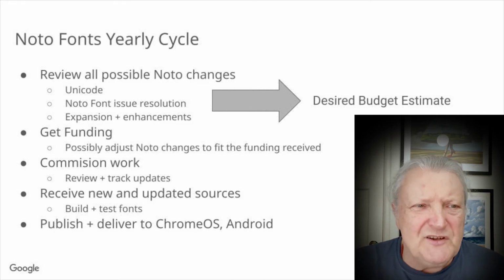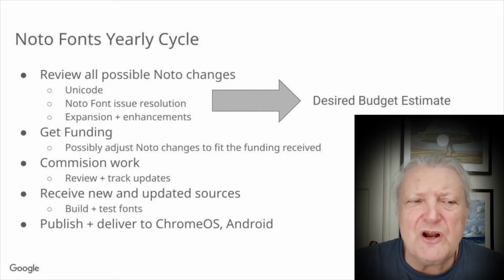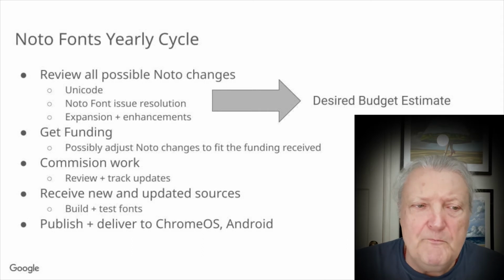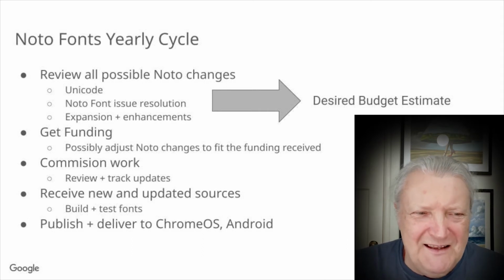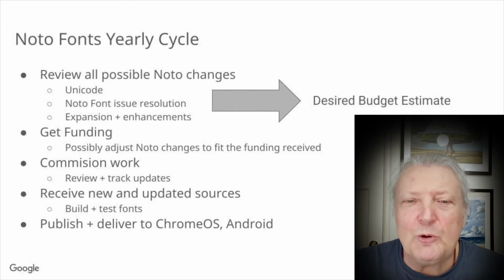We present this as a funding proposal, which is reviewed and finalized. We usually adjust our priorities to match the funding, and then we start the work. This is our general development scheme. Now, back to my colleague, Craig, for a more in-depth look.